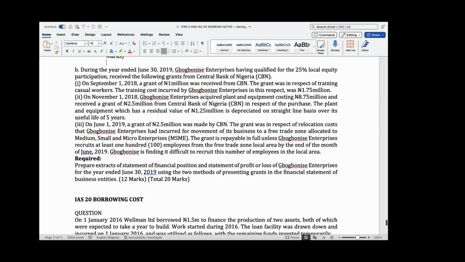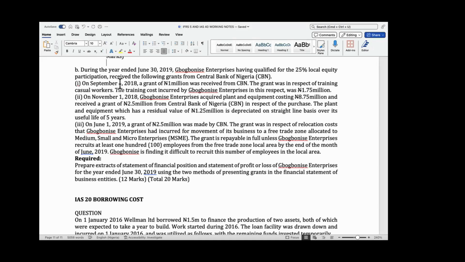Then the B part states that during the year ended June 30th, 2019, Gbogbo Nishe Enterprises, having qualified for the 25% local equity participation, received the following grant from CBN. On September 1st, 2018, a grant of 1 million was received from CBN.